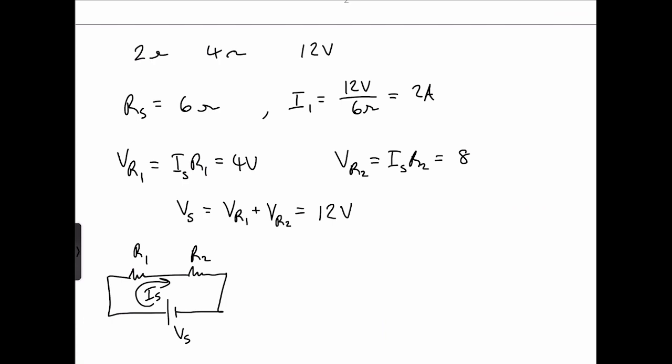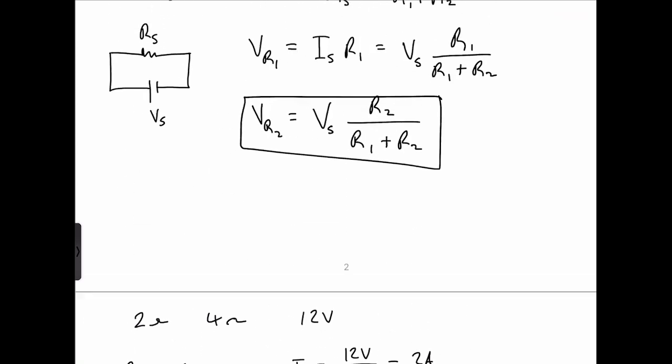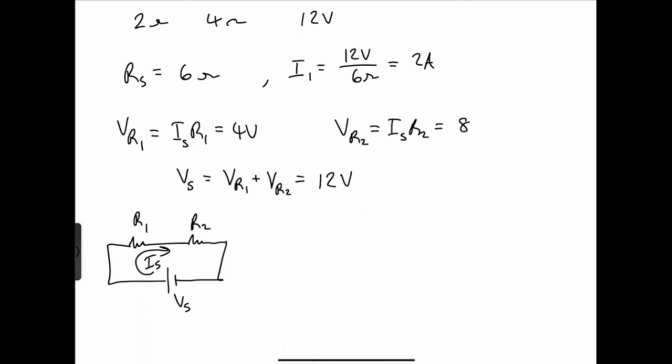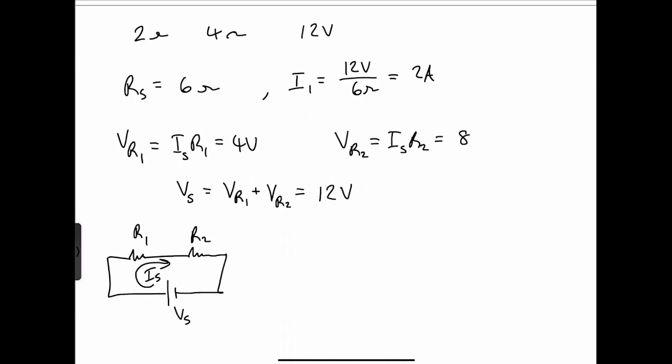So instead of finding the voltage like what we just did, we're going to use the formula that we just derived. Pay attention that in this formula, we know the voltage and the resistor values. However, notice that whenever we did it this way, we had to find the current.